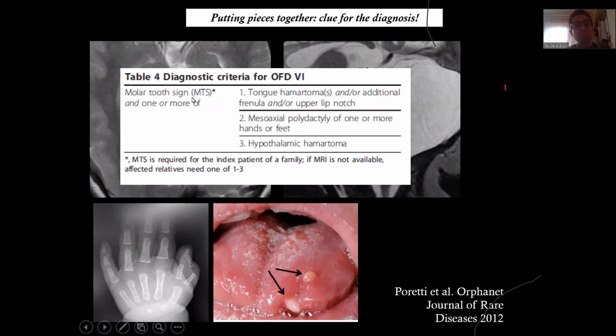So you have the molar tooth sign, and then you add things to the picture. Tongue hamartoma, checked. Polydactyly, checked. Hypothalamic hamartoma, checked. And on top of that, remember that the Joubert in this patient is very, very serious, because you have a spectrum of Joubert, all characterized by this absent decussation of the superior cerebellar peduncle, all characterized by the molar tooth sign and abnormal vermis.